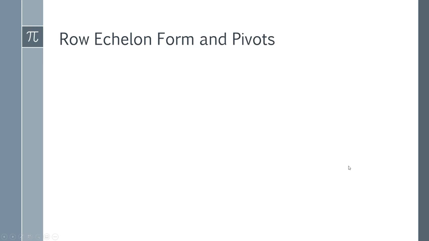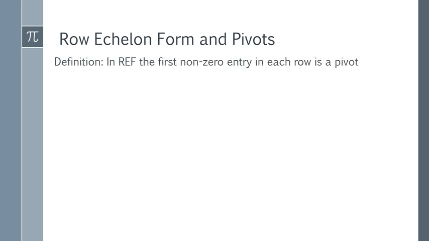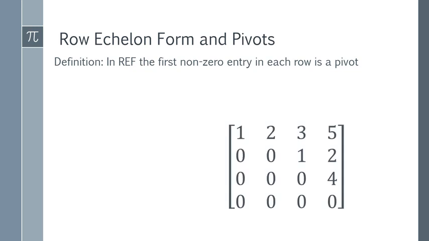Now, the really important bit is the relationship between row echelon form and pivots. The key here is that once you've got it in row echelon form, actually finding pivots is going to be really easy because they are very closely related. And the basic definition is that in row echelon form, the first non-zero entry in each row is actually a pivot. So here we have a matrix that is actually in row echelon form.